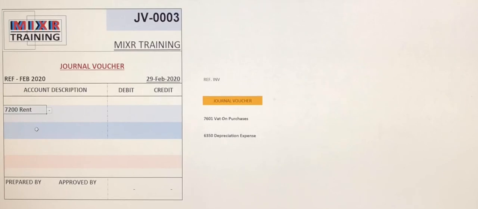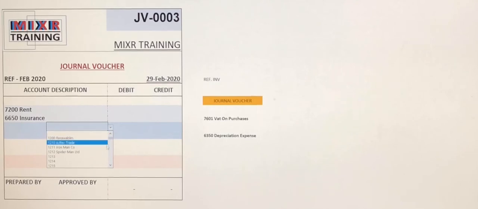Another debit is insurance expense. And the credit is prepaid rent and prepaid insurance.